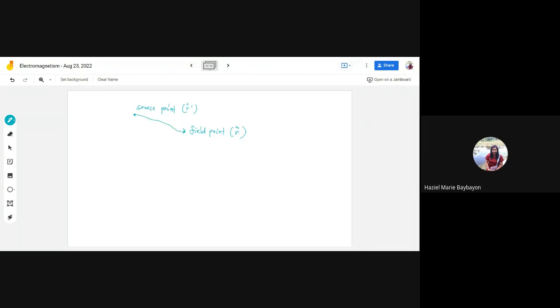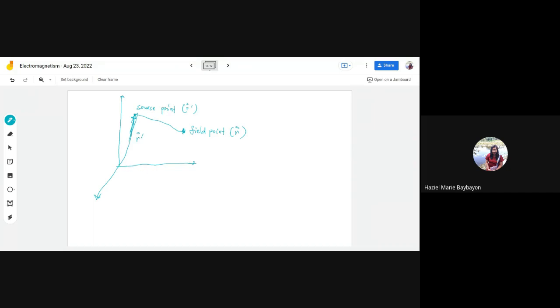Suppose this is from the Cartesian plane, for example. From the origin towards the source point, this is R prime.